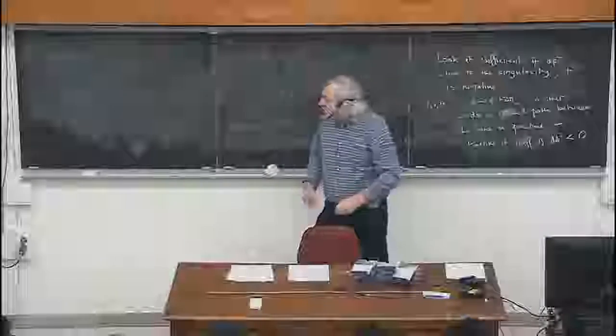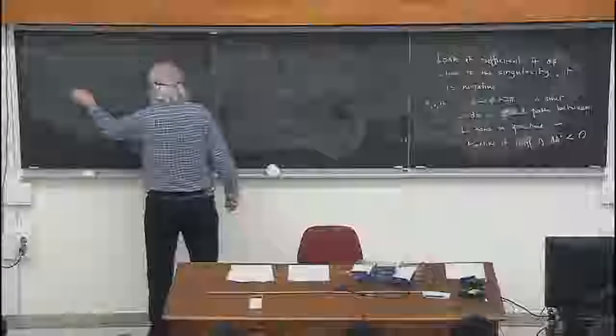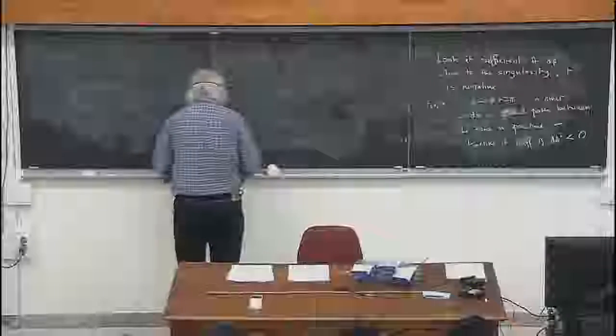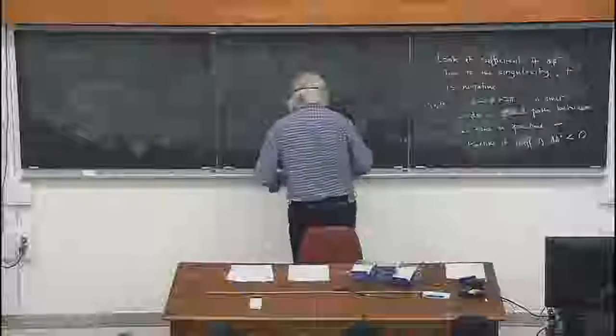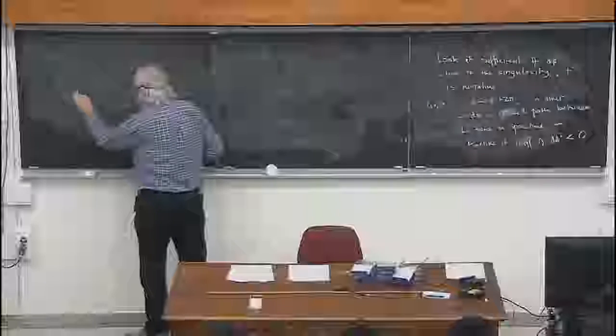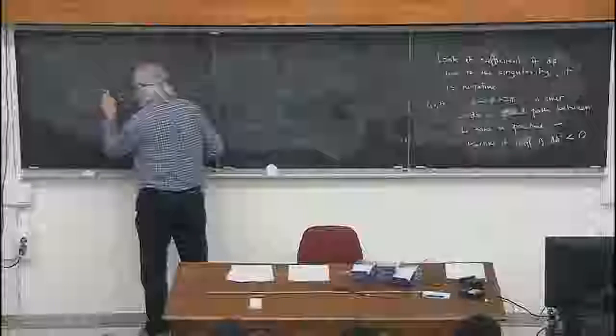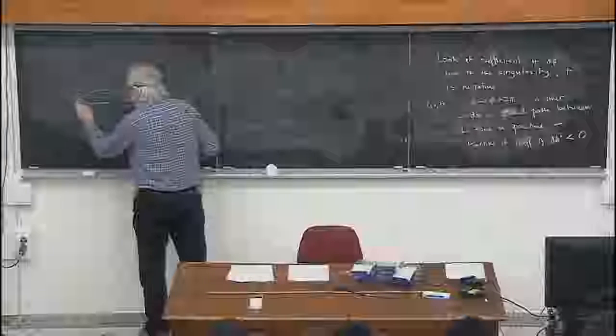So if you drew a little picture of the ring singularity, so here is the singularity, what you'll discover is that inside it, in a donut-shaped region around it, on the inside, so it looks something like this, is the region of causality violation.